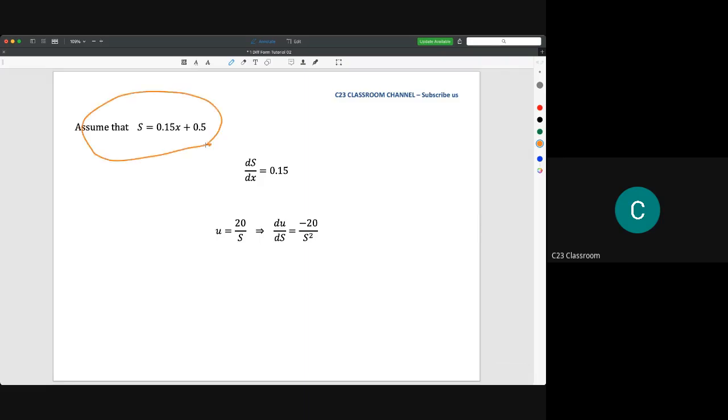Because it is not easy to differentiate that term, we simplify it by letting s equal 0.15x plus 0.5. So from here, ds dx is equal to 0.15.